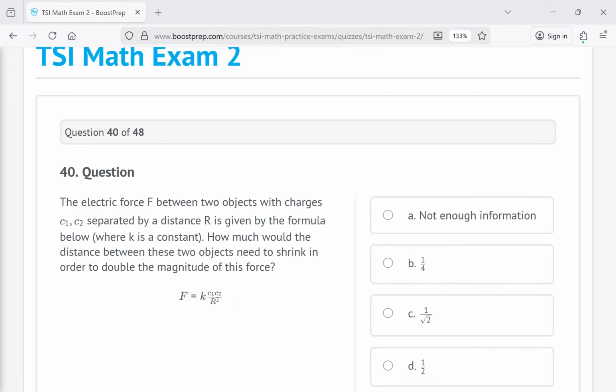They give you this, and if they want to double it, it's going to be 2F.